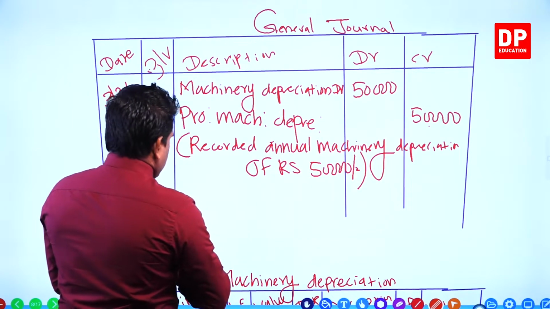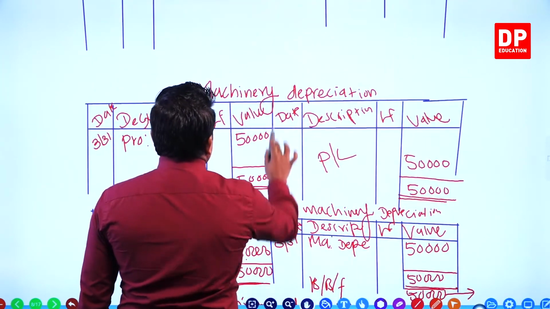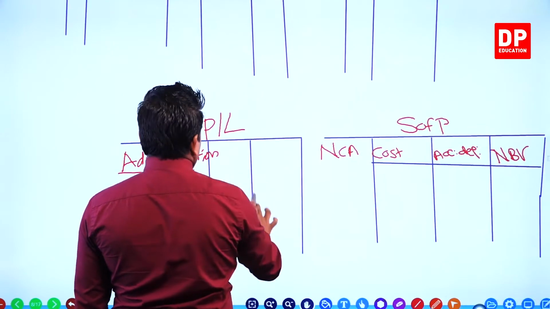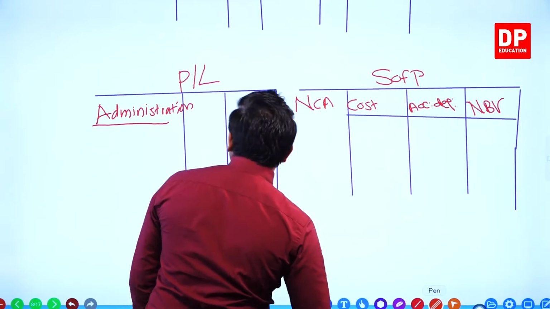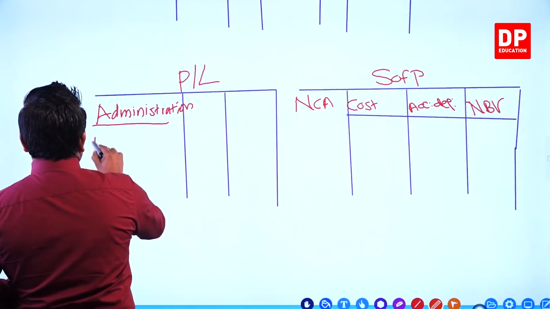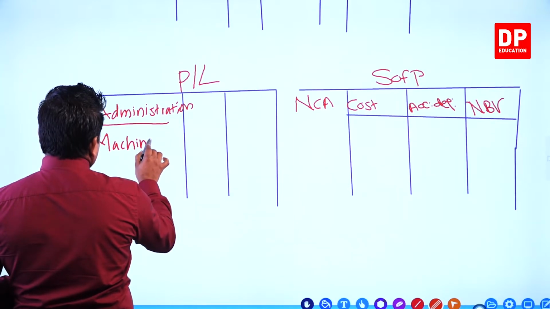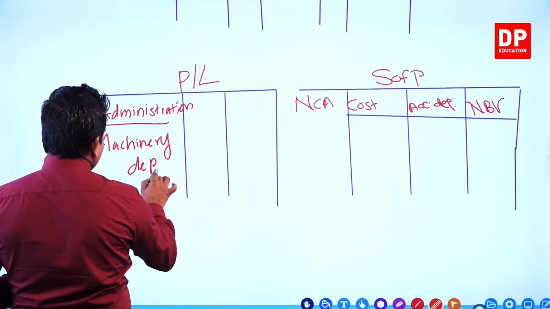Then you go to the financial statements where you write machinery depreciation in the profit and loss statement. Where? Under the administration. Then you write machinery depreciation, right?